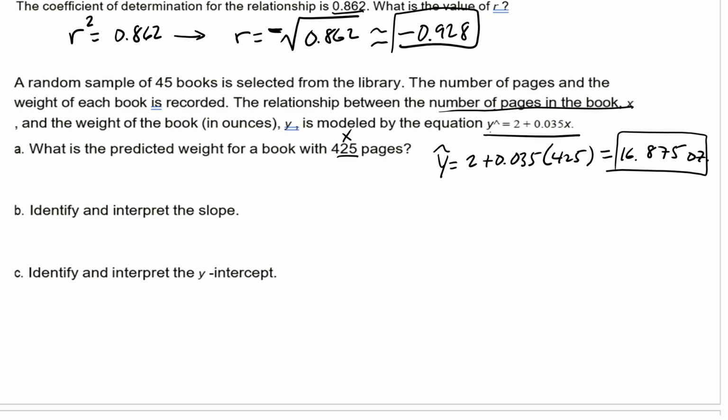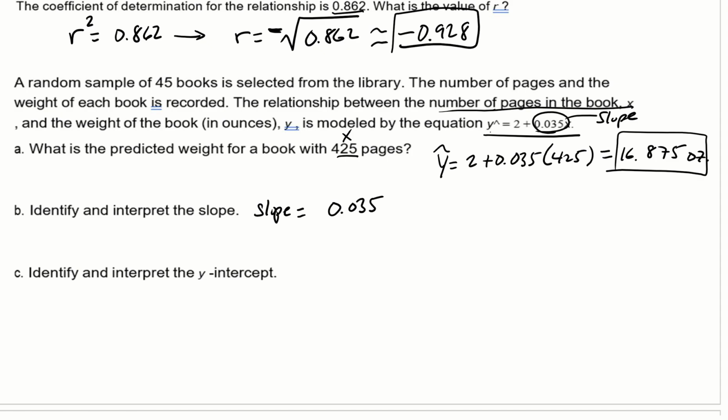So the slope, remember, the equation is y-hat equals a plus bx. That's the slope, which is b. So the slope is equal to 0.035. Now, slope is rise over run, so it's y over x.